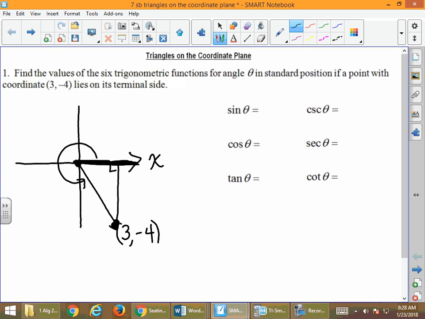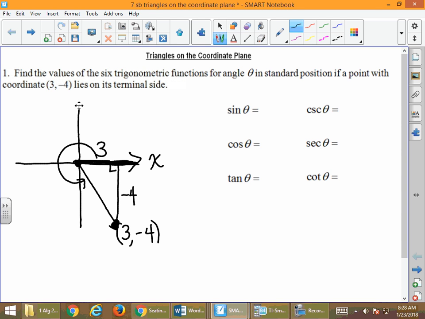On the initial side of the triangle, we went over 3 spaces. And then the height of the triangle, so to speak, it's upside down, but we went down 4. So the base of the triangle is 3. The height of the triangle in this case is -4. It's only negative because it went downward.